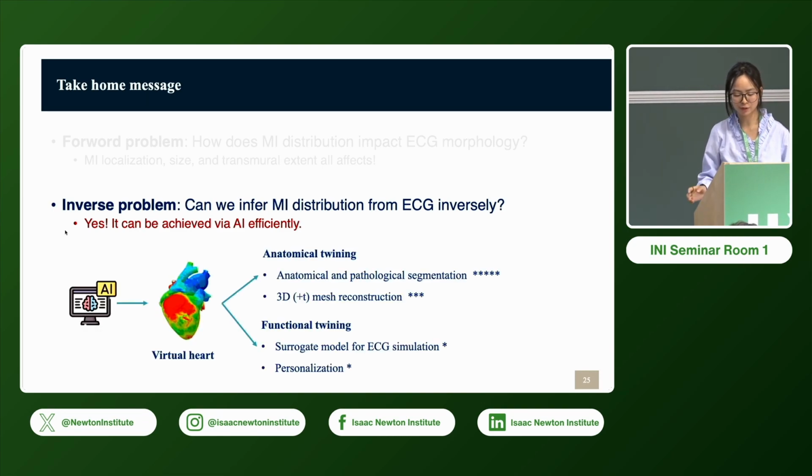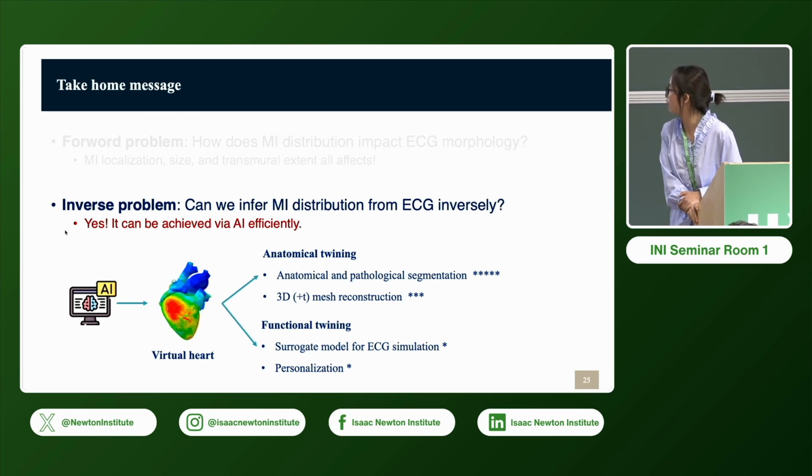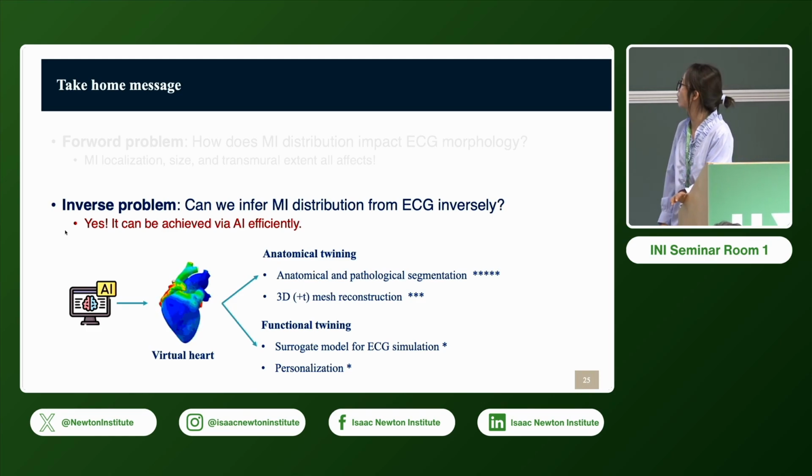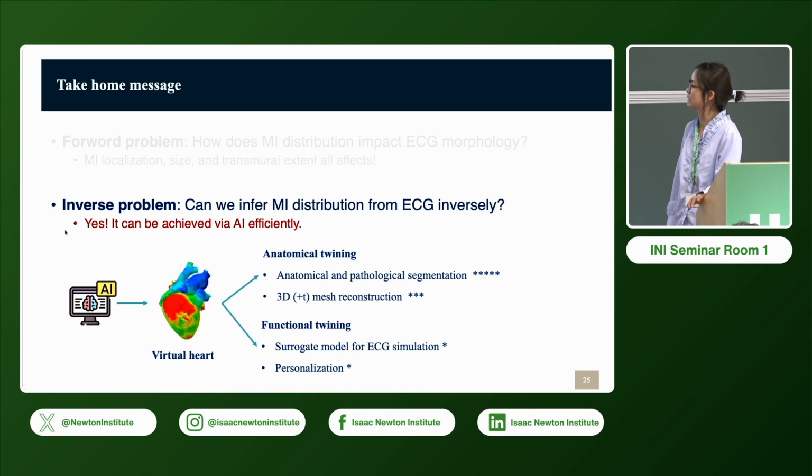And finally, I want to give a quick conclusion about the digital twin. We have the anatomical twin and the functional twin. For now, I have done a lot of work on anatomical and pathological segmentation, and AI models can solve this kind of issue very well.